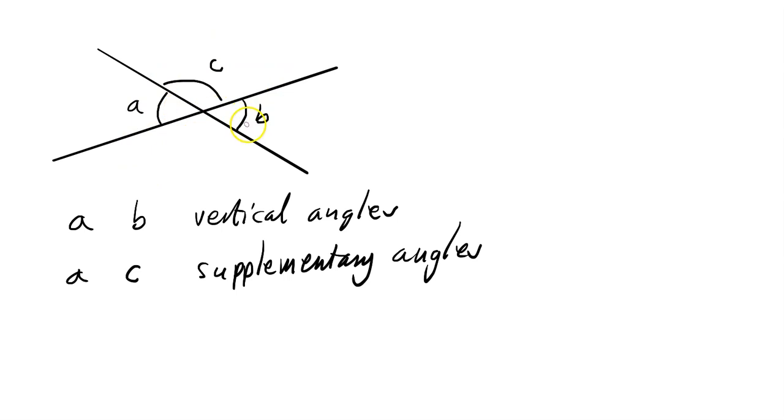And like I said, these two are equal. That follows from the fact that that angle plus that is 180, and that plus that is also 180, so it follows that these are equal. So you have that A plus C is 180 degrees because they're supplementary, and B plus C is also 180 degrees because they're also supplementary.